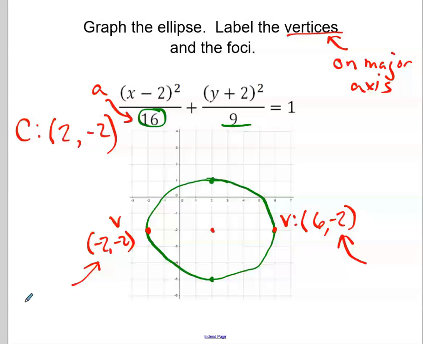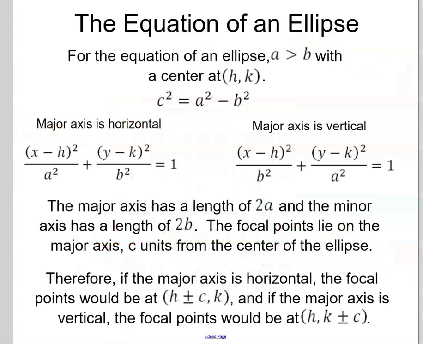All right. The other thing we have to do is find the foci, and that we actually have to do some calculations for. So now I'm going to go back for just a moment to the original slide. The foci are based off of your C. So here you can see where you find the foci, and I'll talk about these two formulas once we actually draw them in our graph.